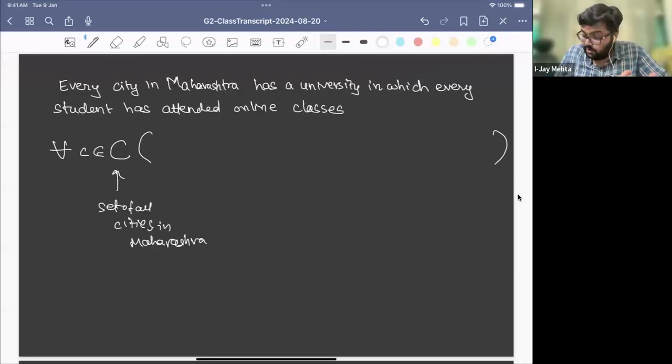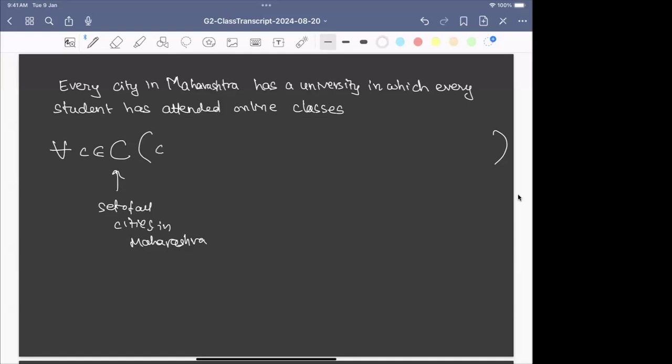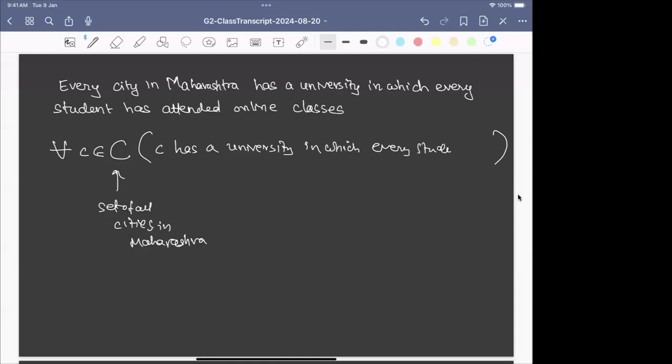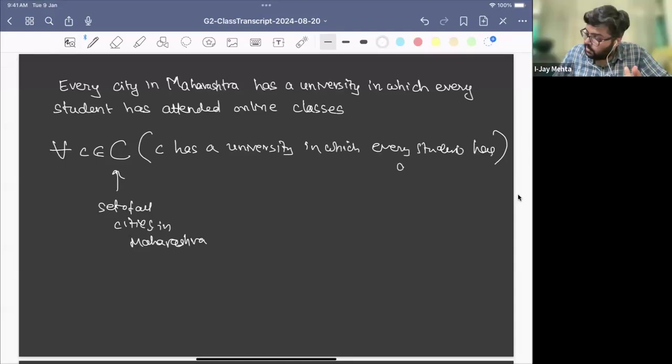Who has a university? City has a university, right? Yes, sir. So city C has a university in which every student has attended online classes.